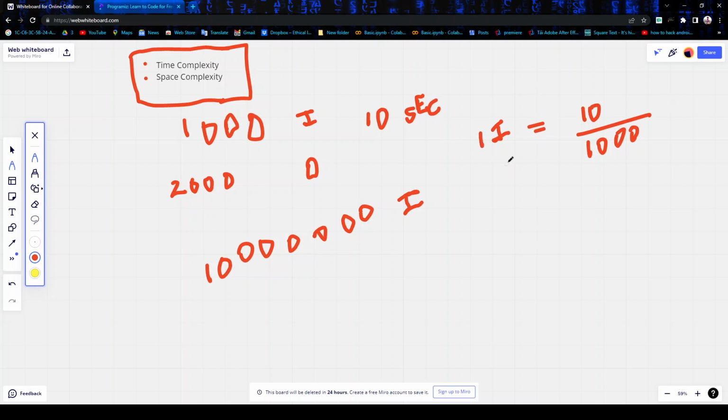Now for 1 crore inputs it will be multiplied by 1 crore. So it will be 1 divided by 100 into 1 crore, so at the last it will be 1 crore divided by 100. It is just basic simple mathematics. If I cancel out the two zeros, we can see that the time this program is taking is 1 lakh seconds, right?